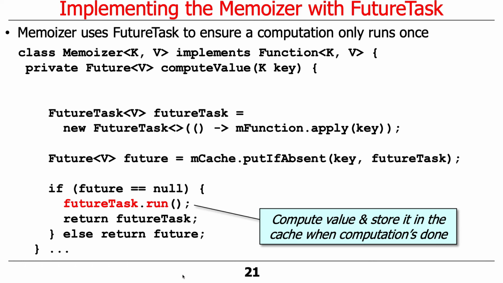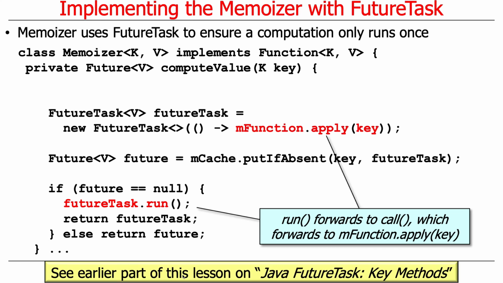So in that case, we go ahead and we call run, and run will apply this particular call, which will do the computation, and it'll store the results in the cache when the computation is finished. So this method will be called only one time by the first thread in, and after it's done, it's going to return the future task.